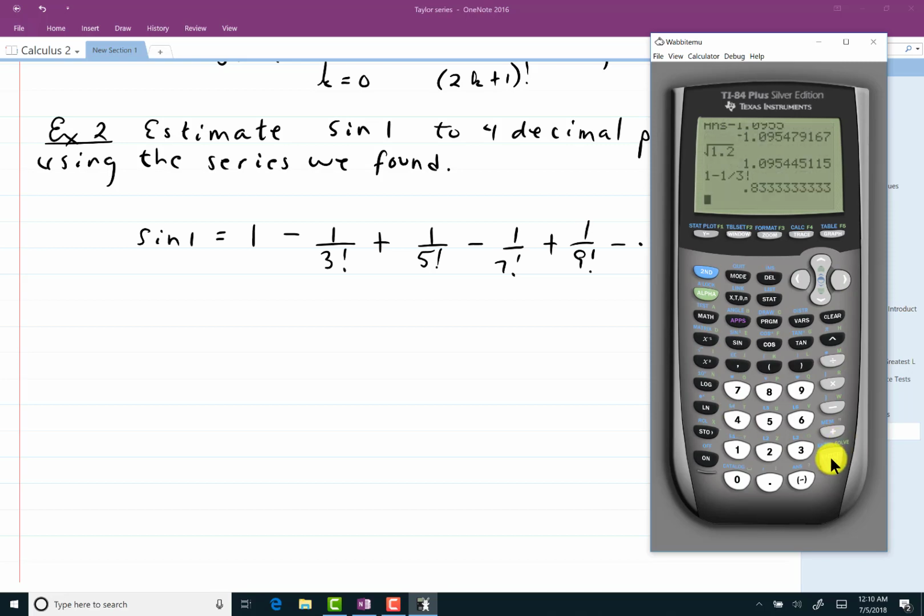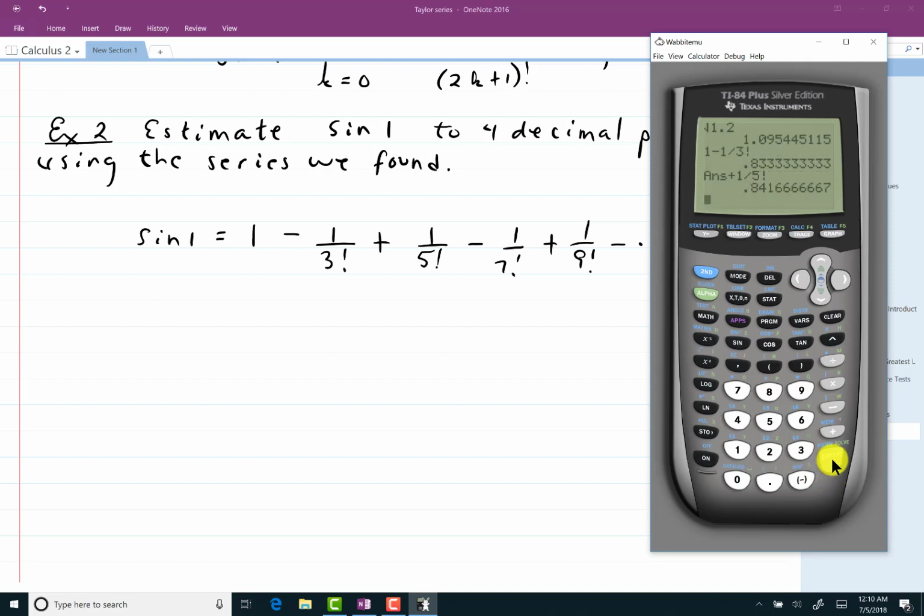Now here's the real time saver. The next term I want to add is 1 over 5 factorial, so I don't have to type it all again. I can simply hit the plus key, and it'll take my previous answer, and now I can add to it. So I can go 1 divided by 5 math. You can scooch to the right to get to PRB, or if you hit the left, it'll wrap around, and then choose item number 4, and then enter.